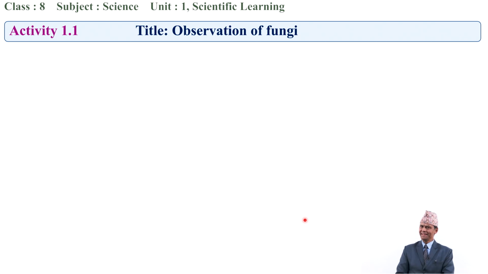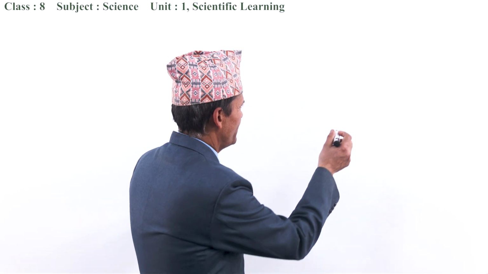Now, let's engage in one activity. Which activity? Activity 1.1 in your textbook. Let's check the activity. The title of the activity is Observation of Fungi. Do you know fungi? Yes. Some examples of fungi, I am giving one picture to you.